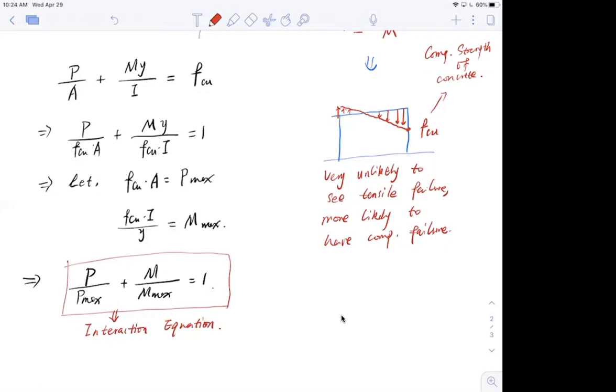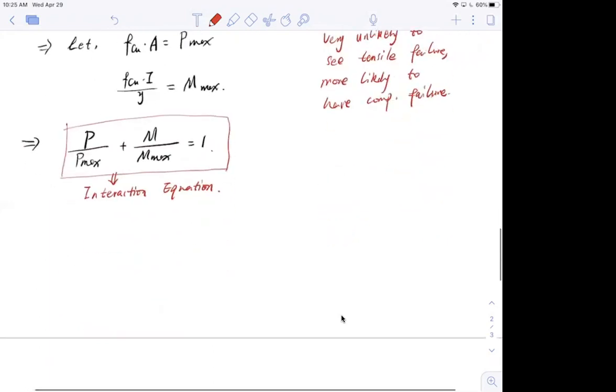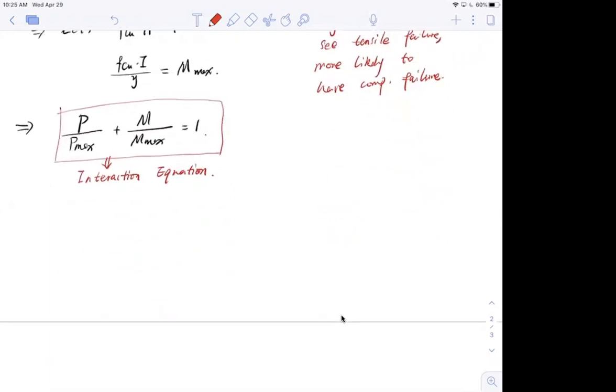It means that I will plug my applied axial force and applied moment into this equation, and whenever it reaches 1, it means the concrete column fails.